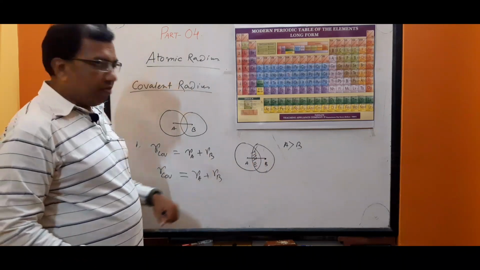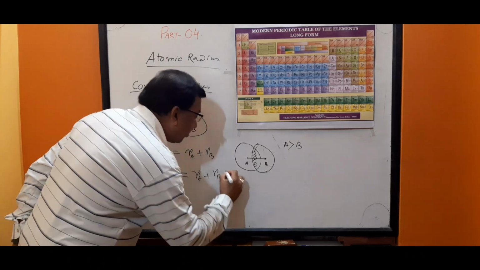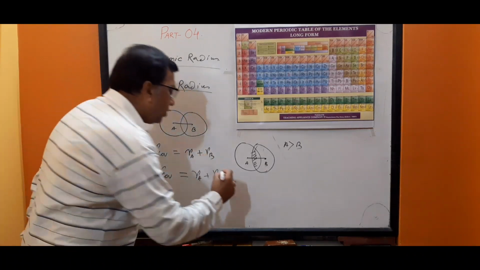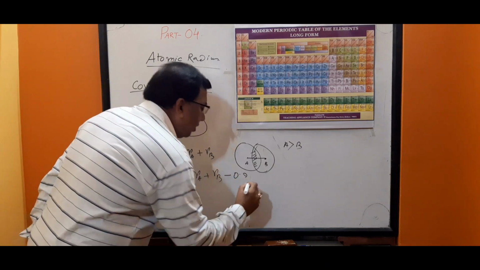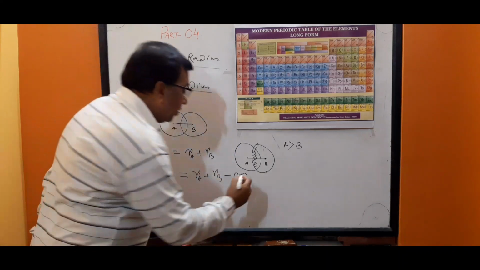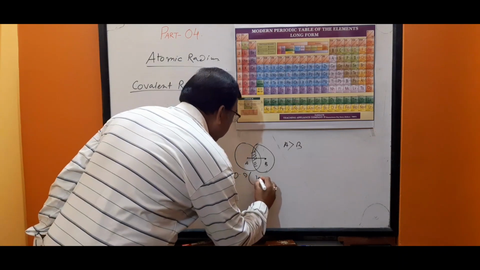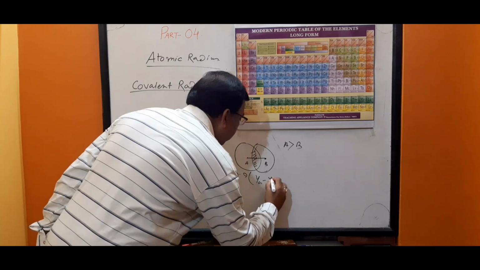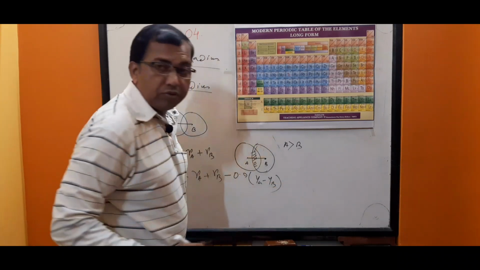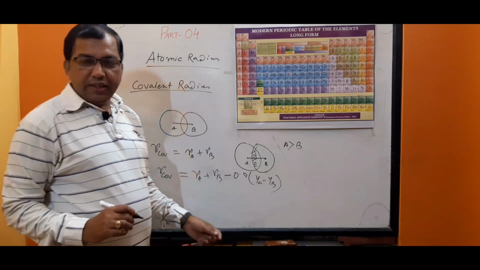In that case, you have to subtract 0.9 times chi A minus chi B. Okay, what is chi A?